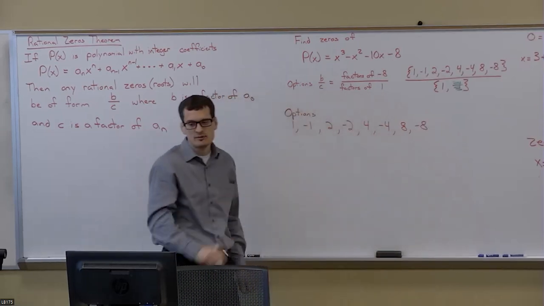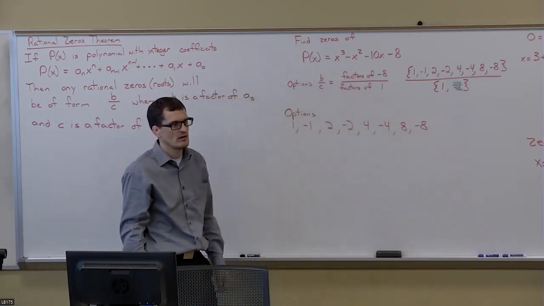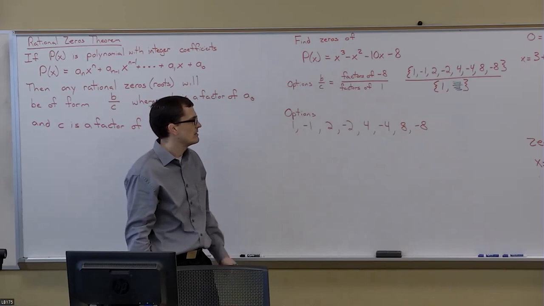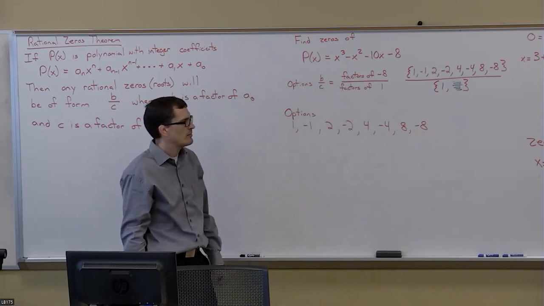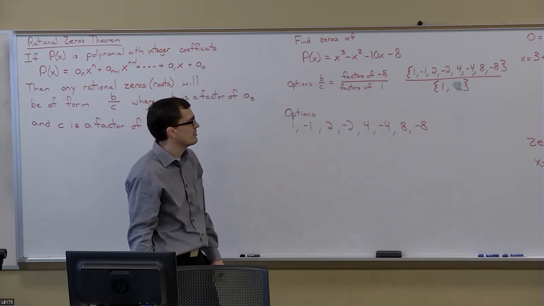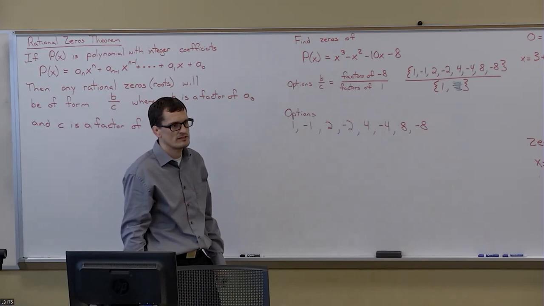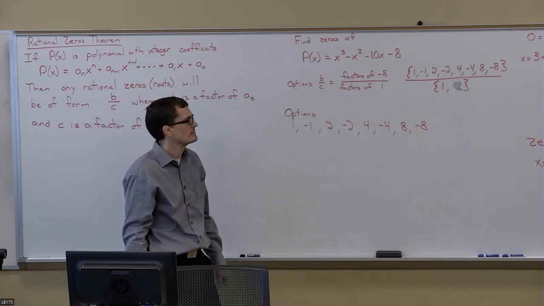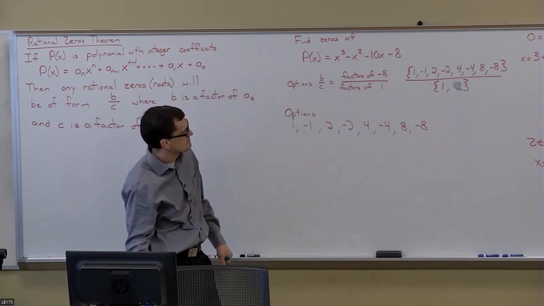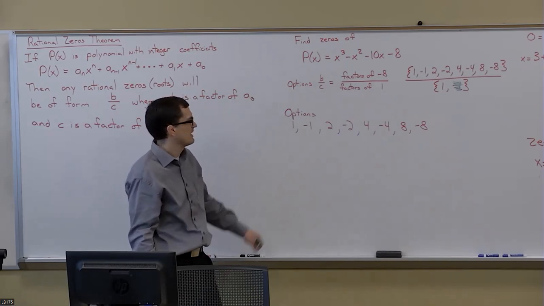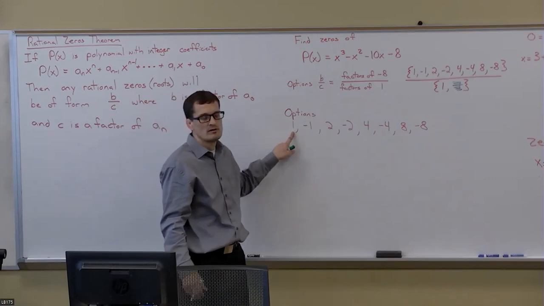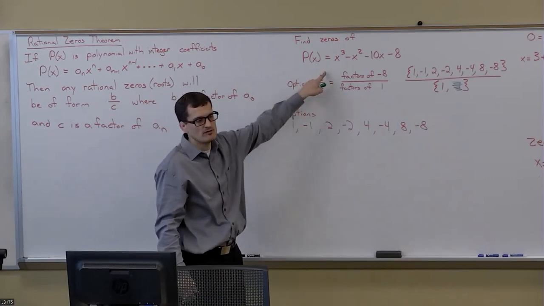Those are the only options for rational zeros. How am I going to find which ones work and which ones don't and all that good stuff? How am I going to find out if 1 is a 0 to this polynomial function?